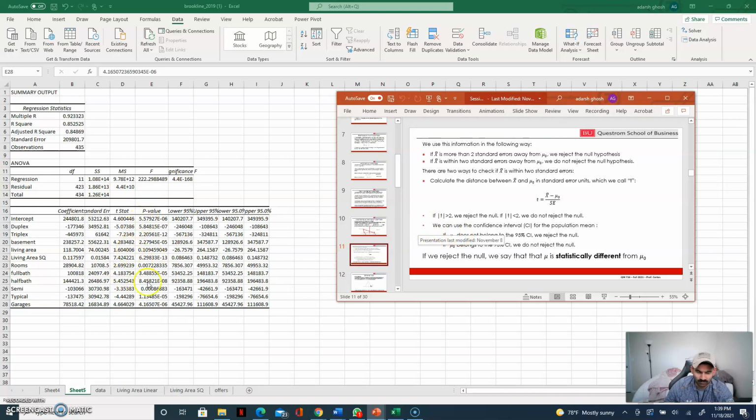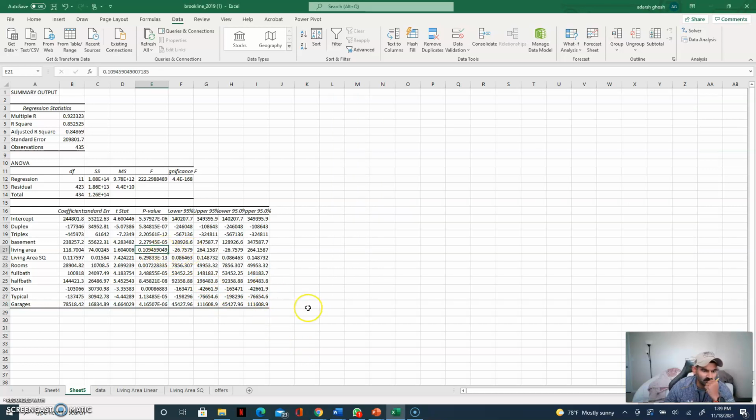That's one of the first things I look at. Does this stuff make sense? You can also do a p-value analysis. As long as my p-value is less than 0.05, that variable is statistically significant. And in this case, one of the first ones that pops out is that living area is not statistically significant.